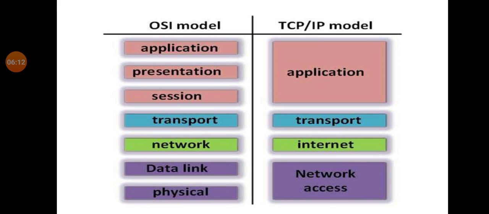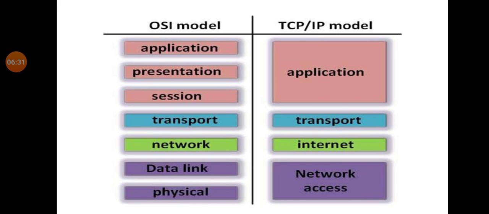It is also called the host to network layer. This is the lowest layer in the TCP/IP model. The host has to connect to the network using some protocols so that it can send IP packets over it.